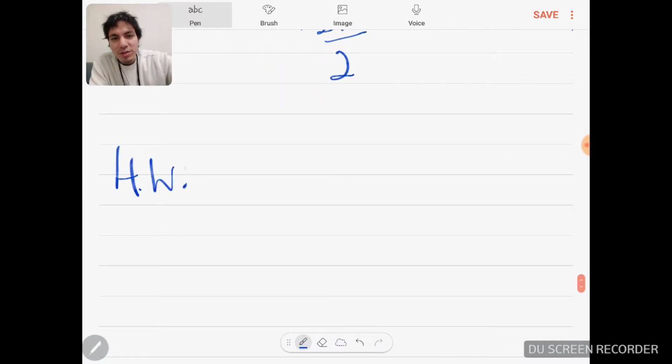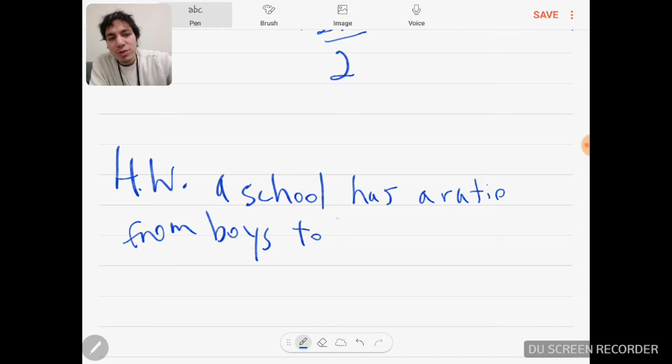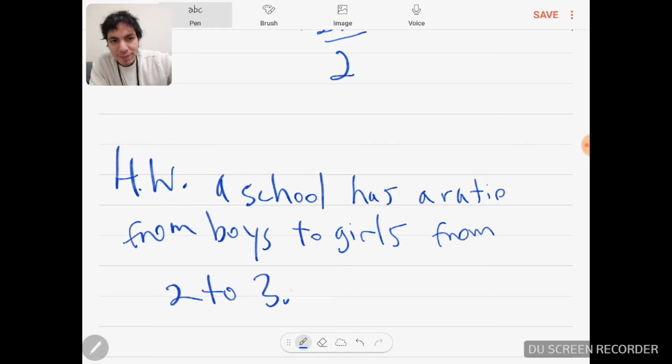So for homework, I'll just give you this: a school has a ratio from boys to girls of 2 to 3.